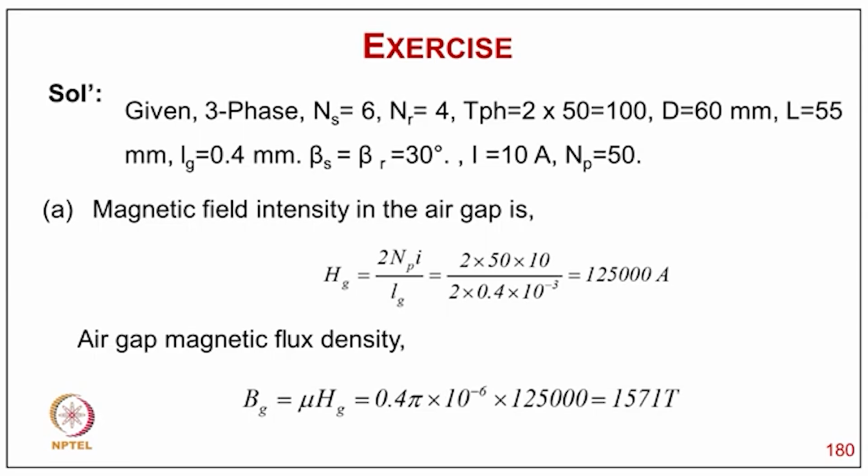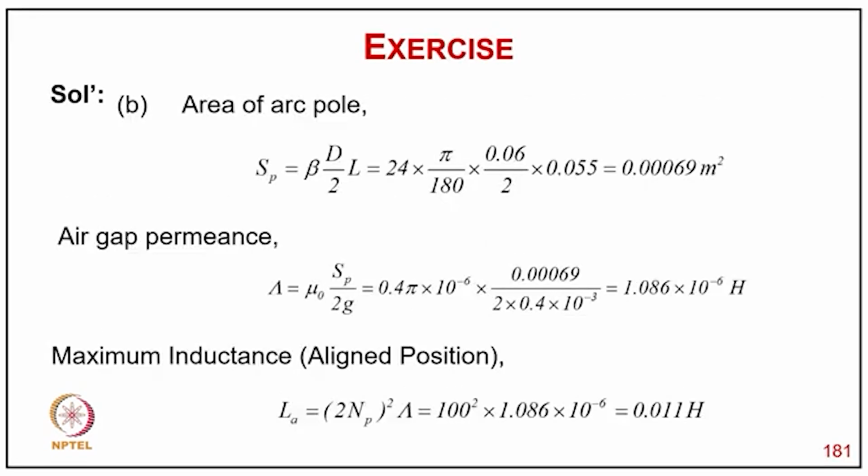So for calculating, magnetic field intensity is equal to 2 N P I upon Lg, so it comes 125,000 ampere per meter. Air gap flux density Bg equal to mu0 H, it comes 0.157 Tesla. Area of pole arc Sp equal to beta D by 2 L. So putting values it comes 0.00069 meter square. Permeance per pole eta equal to mu0 Sp upon 2 Lg.